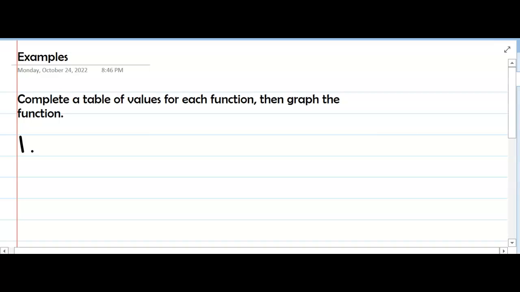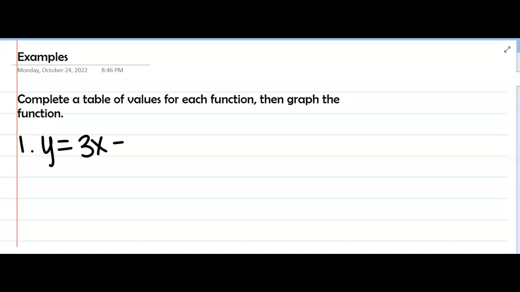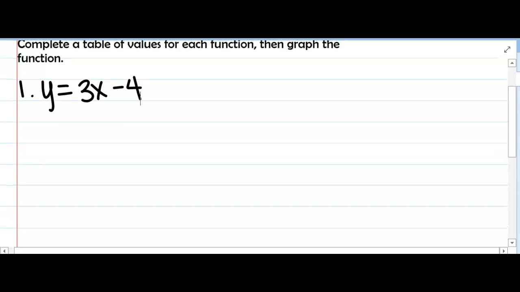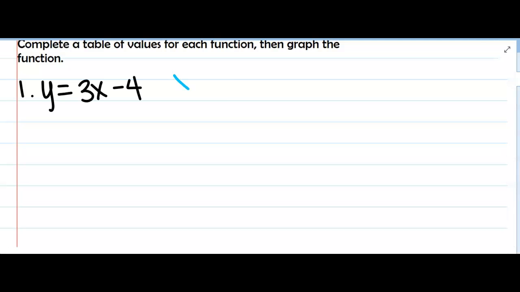Okay, so number 1, our first function rule says y equals 3x minus 4. So the first thing that we want to do here is complete a table of values. This is going to look just like what we did on that left-hand side. So we're going to need a column for our x's.